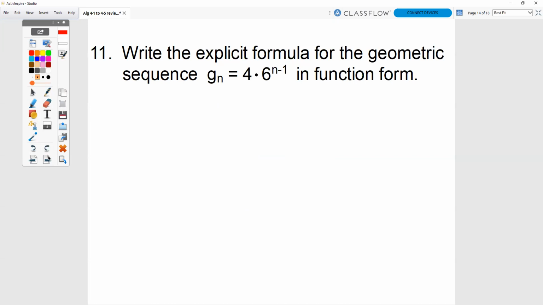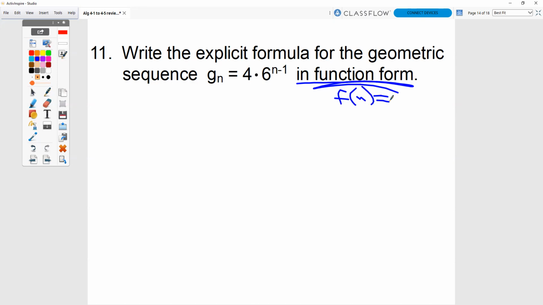In question number 11, write the explicit formula for the geometric sequence g of n equals 4 times 6 to the n minus 1 power in function form again. All right, in function form means we need an f of n equals. In this one, now these ones are a little bit weird.